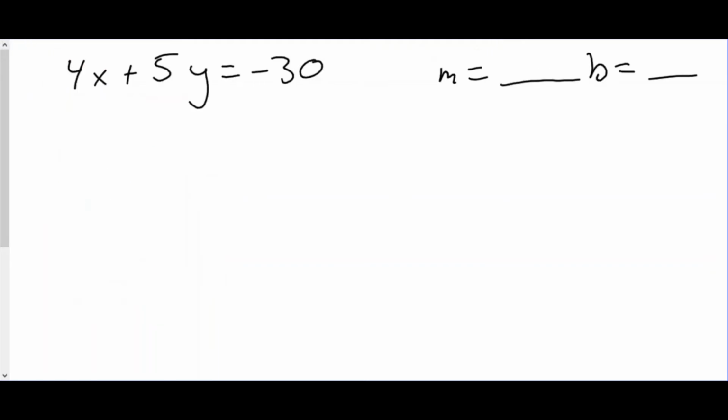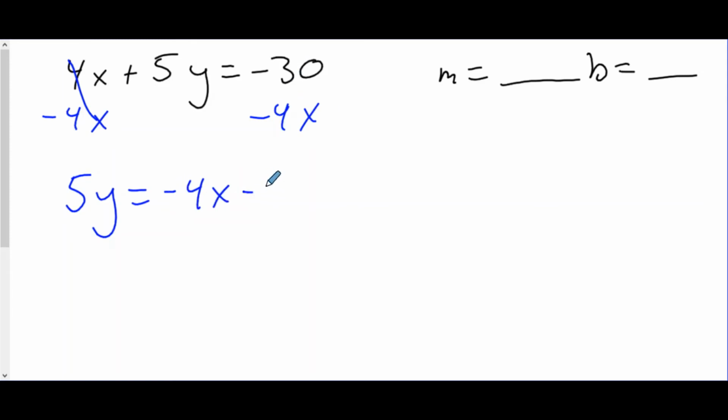For the next problem, I'm going to do the same steps. I'm going to move my x term to the other side to get the y term by itself. So minus 4x on both sides. 5y equals, again, I'll put my x term first, negative 4x minus 30. And then I want to divide both sides by 5.